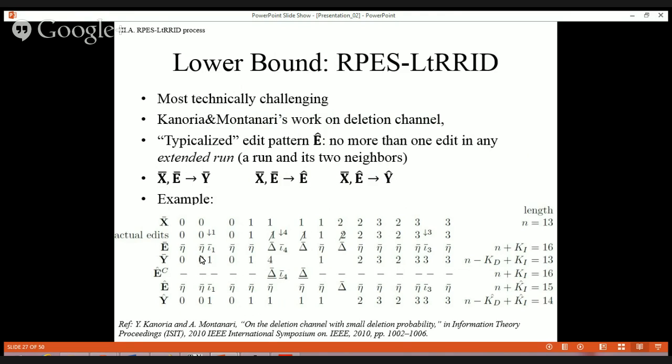Just to remind you, eta means no operation, iota sub 1 means an insertion of the symbol 1, delta means deletion.